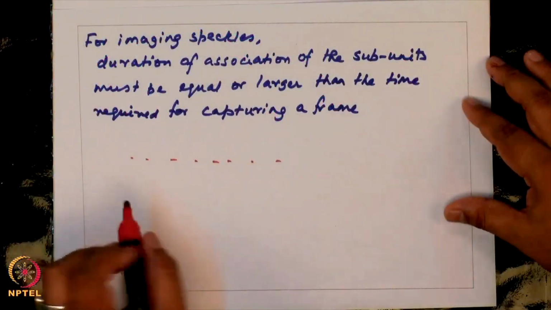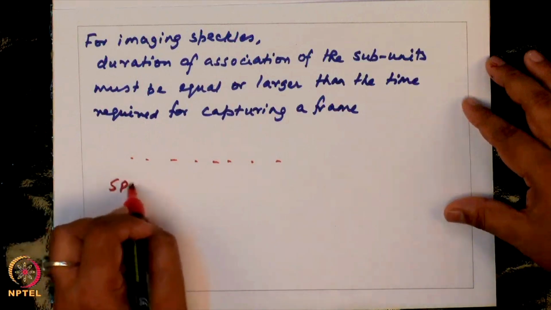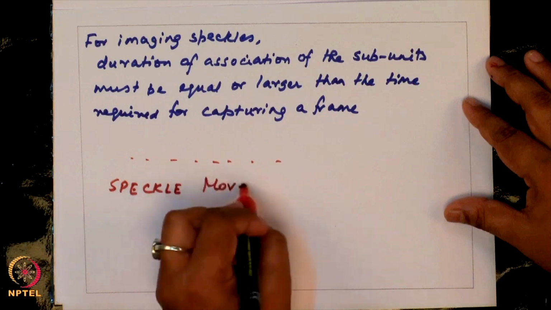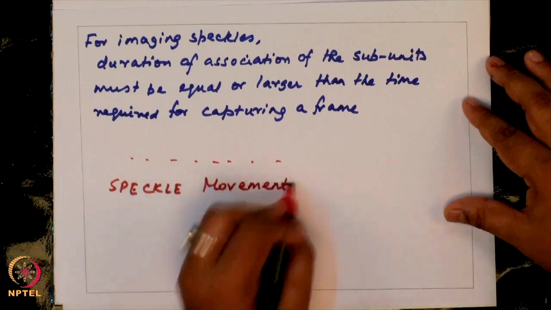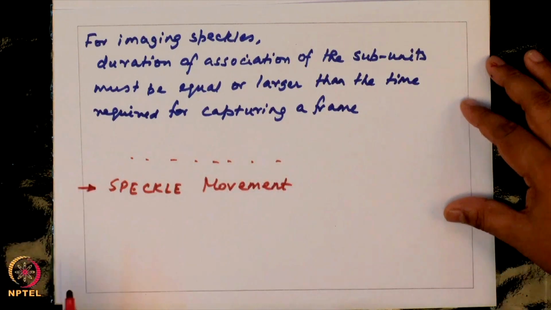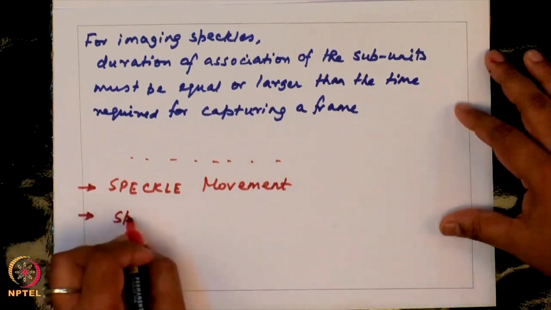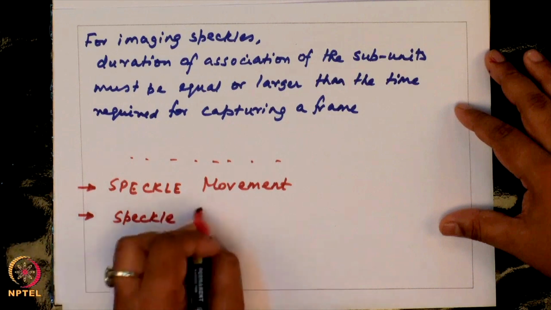But once you see this speckle geometry, there are two pieces of information that you can determine from this. You can track each speckle, you can track speckle movement, and you can track speckle size.